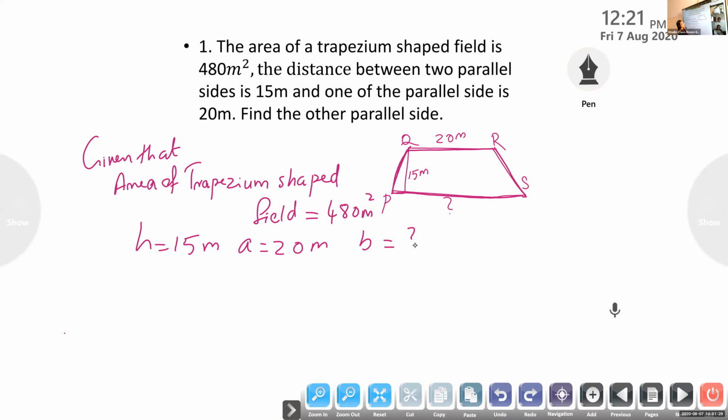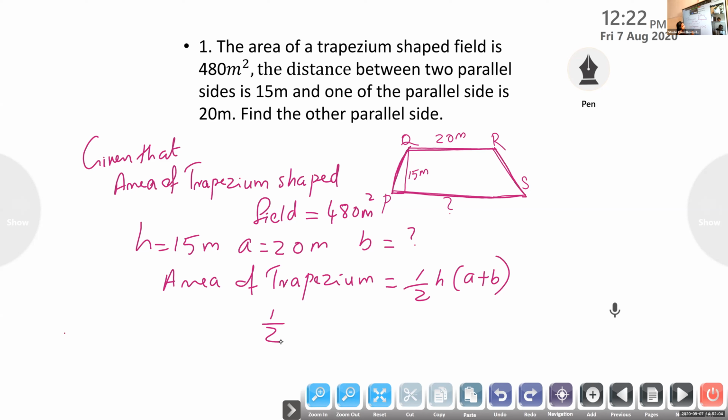The other side B we don't know. We have the area of trapezium formula, half h into a plus b. H is 15 meter, A is 20, and we need to find the value of B. It is given that the area is 480 meters square.